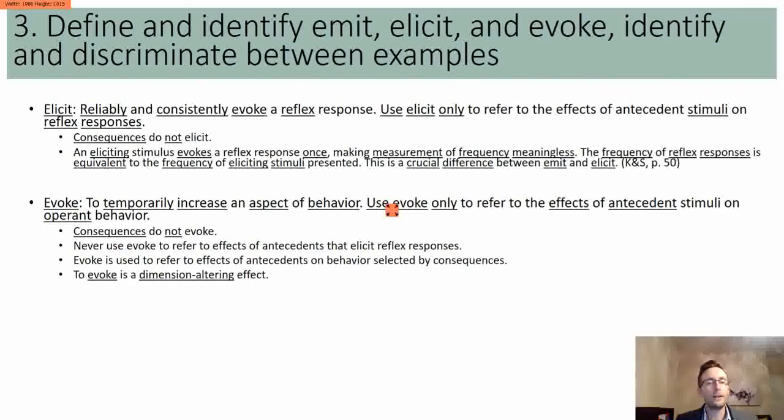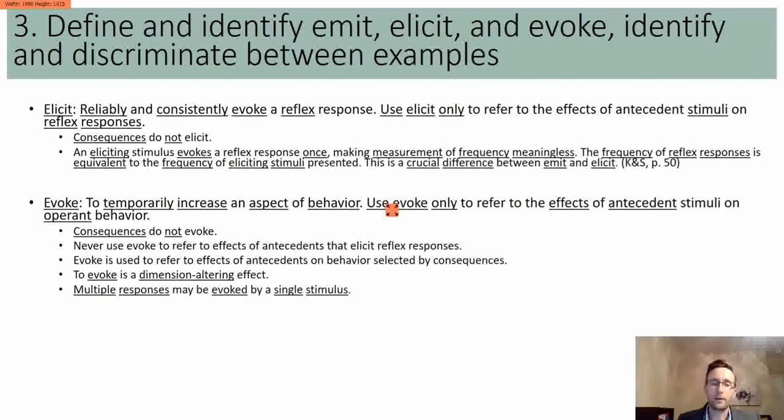To evoke is a dimension-altering effect. In other words, by evoke, an antecedent stimulus is momentarily increasing either a duration or a rate or latency, or increasing IRT or some other dimensional quantity, right? So to evoke is a dimension-altering effect.